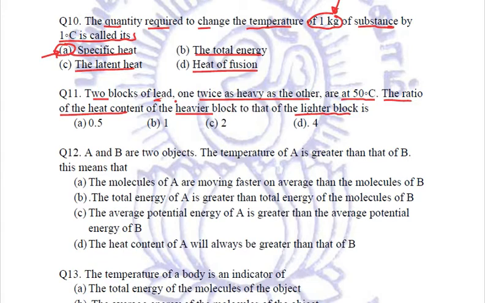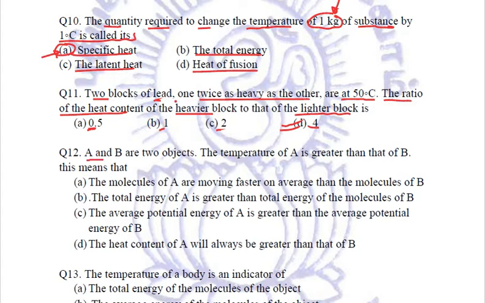What will be the ratio of the heat content of the heavier block to that of the lighter block? Is it 0.5 or 1 or 2 or 4? What will be the answer? The answer will be 4 is to 1. The ratio will be 4 is to 1. So the answer is D, 4. Coming to the next question.